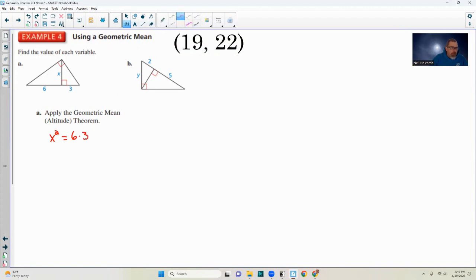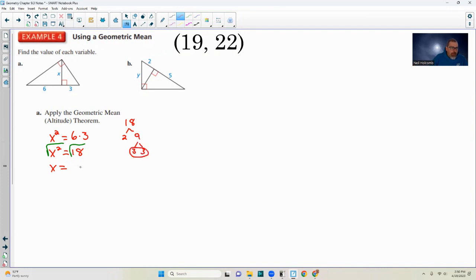So it's 6 times 3. So X squared equals 6 times 3. Simplify, X squared equals 18. And to simplify this, we need to get rid of that squared. So we take the square root of both sides, leaving me with X equals, and 18 as a factor tree is 2 times 9, and then 3 times 3.